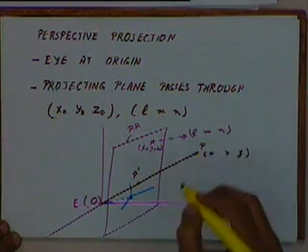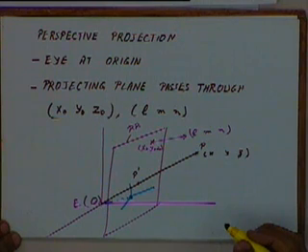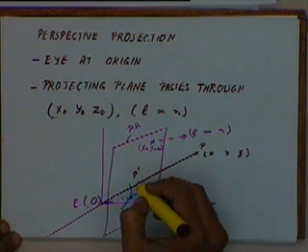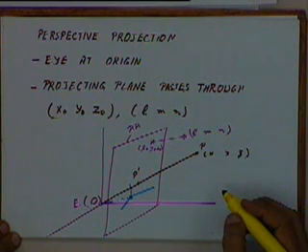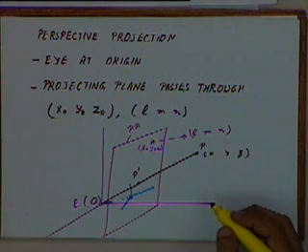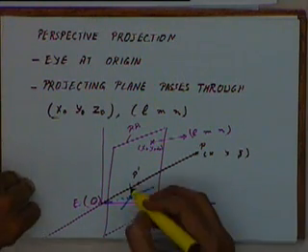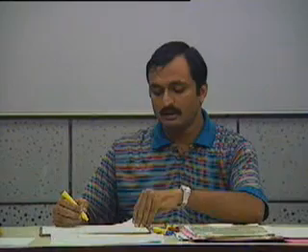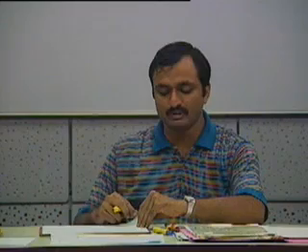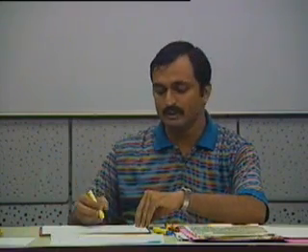This is my point P. Now this point P prime will satisfy the equation of this plane. And if this point P prime is satisfying the equation of this plane, what is the equation that we will get for this point? What will be the equation for this plane?